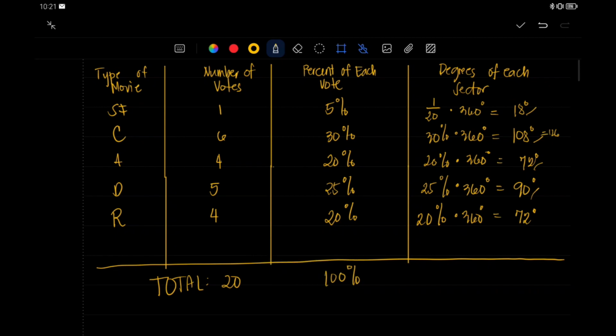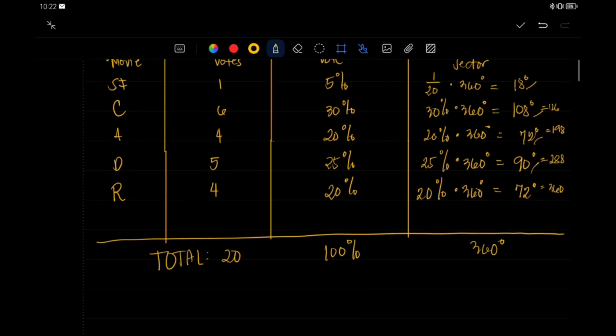And 126 plus 72 is equal to 198. And 198 plus 90 is equal to 288. And 288 plus 72 is equal to 360. So therefore, this is 360 degrees.